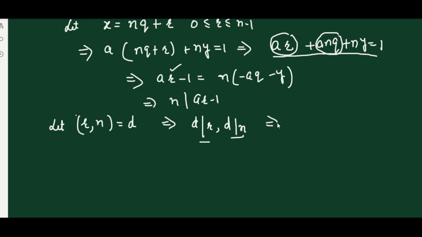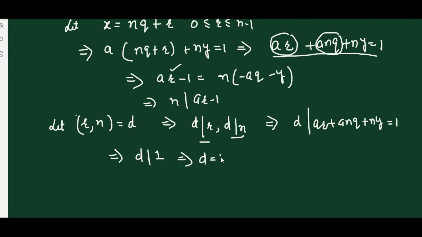So d divides ar plus anq plus ny, which is 1. This implies d divides 1, and if d divides 1, then d itself is 1. This establishes that the GCD of r and n is 1. Now, what does star imply?